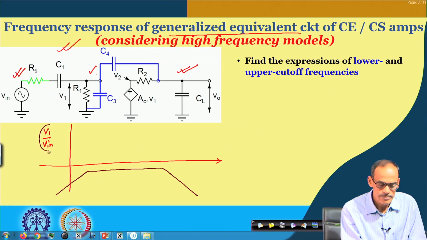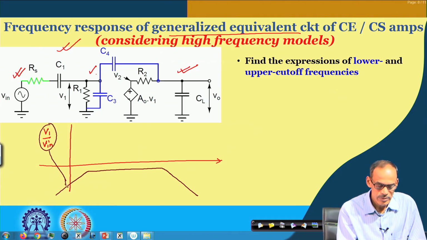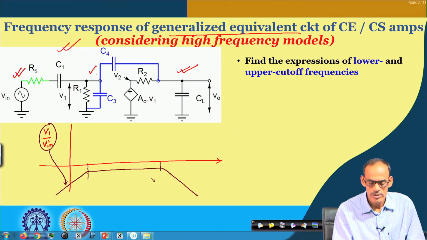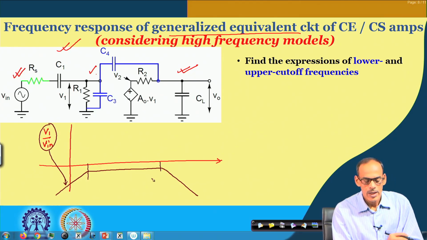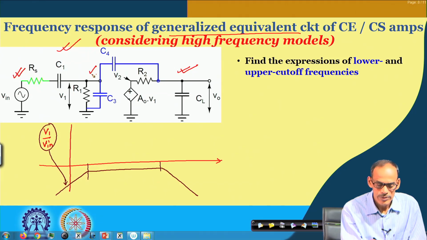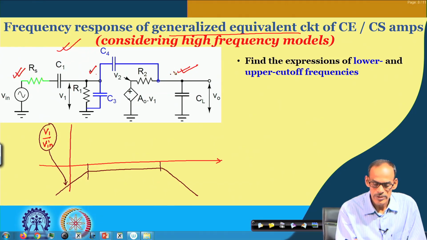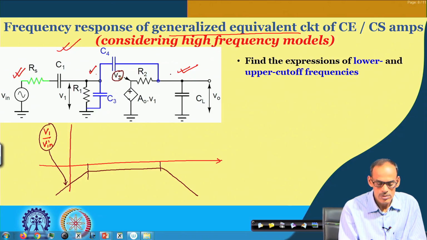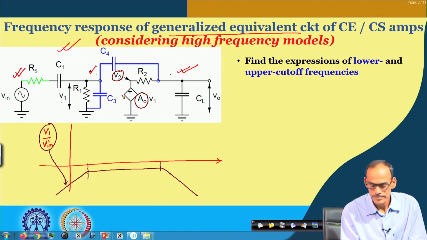So, this is V 1 by V in, and we already have discussed the location of the pole. Then from this point to this point, we can say V 2 by V 1, and that is defined by this A naught.